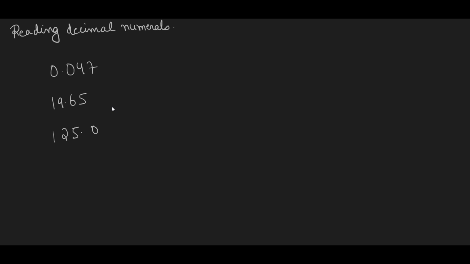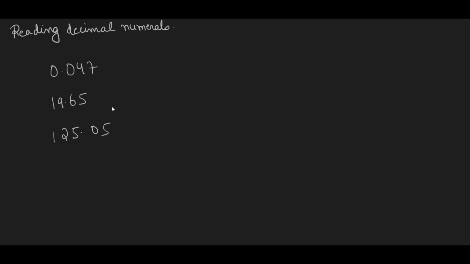Next topic that we have is reading decimal numerals. So children, reading decimal numerals, how do we do this? Suppose you have a number 0.047 and another is 19.6, or in one more example, we can take 125.05.